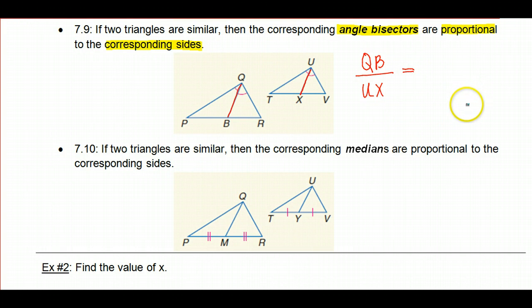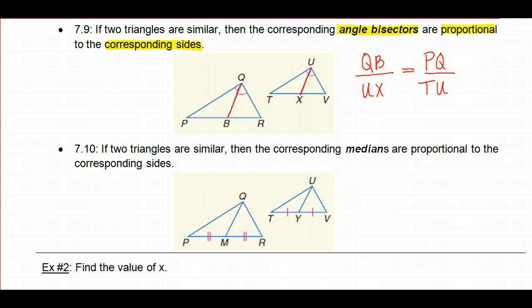And someone give me, what would be a ratio on the other side, Roni? PQ over, what was the other one? TU. Okay, so far? These just fall under the category of those similar segments.